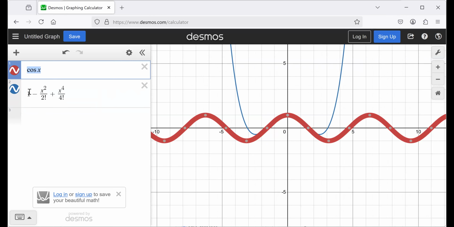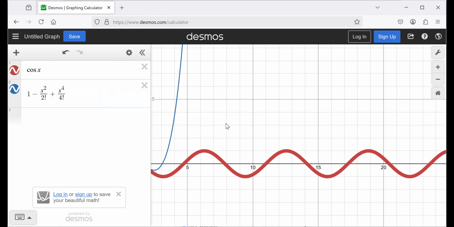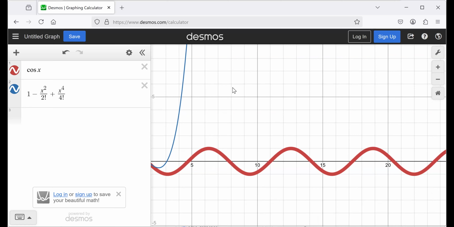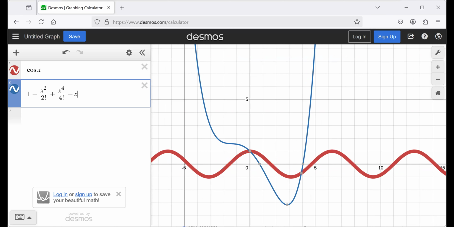So the cosine looks like this fourth degree polynomial, but only up to a point. Obviously, if we're looking at this part of the graph, the cosine and the fourth degree polynomial no longer look like one another.